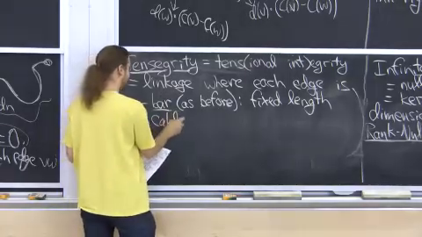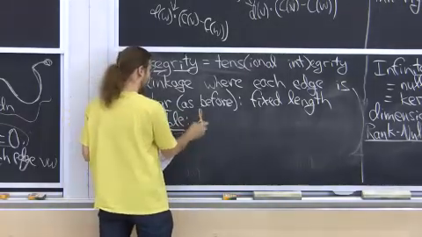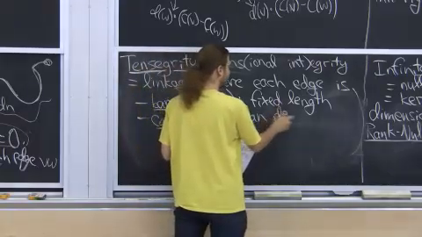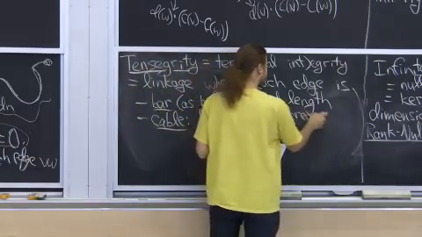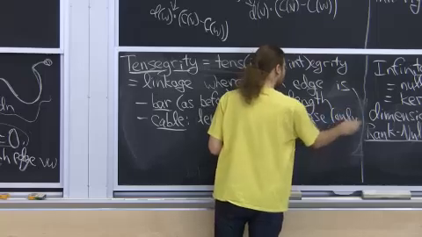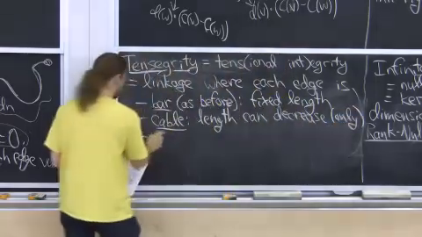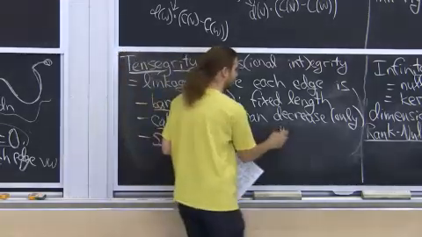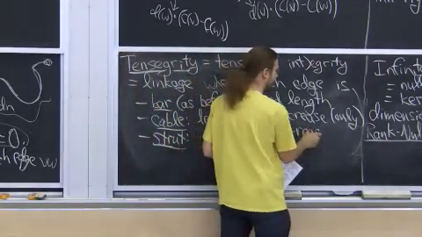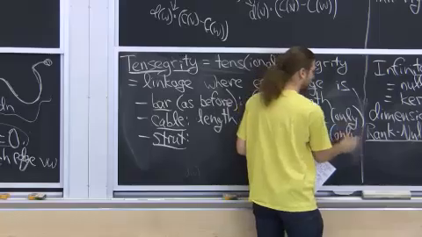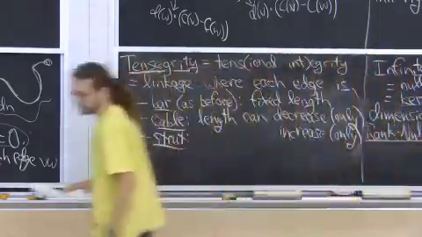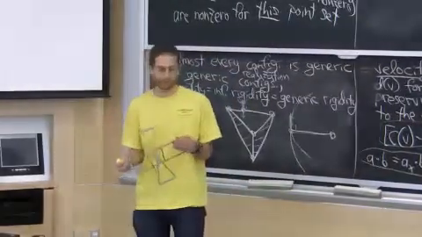We can have cables, where the length can decrease, but it can't increase. And there are struts, which are the reverse. You can increase, but not decrease. Seems like a useful generalization, especially because people build things, they actually use struts and cables.